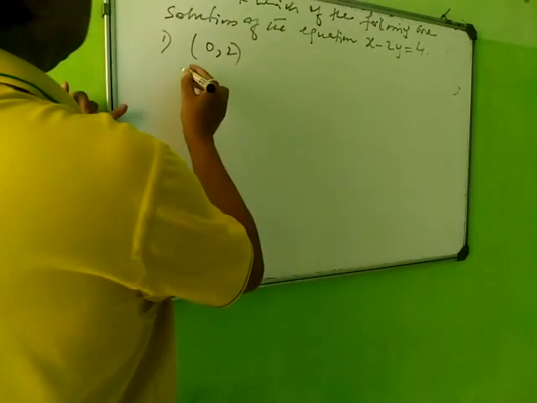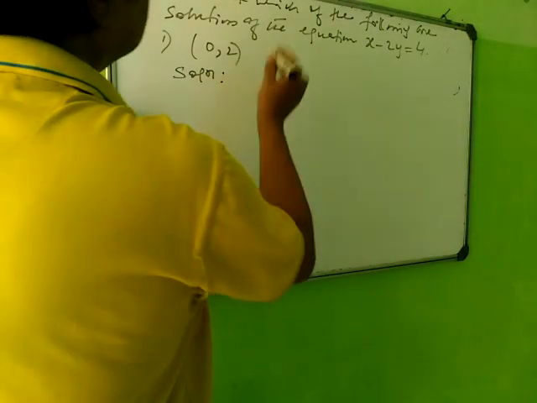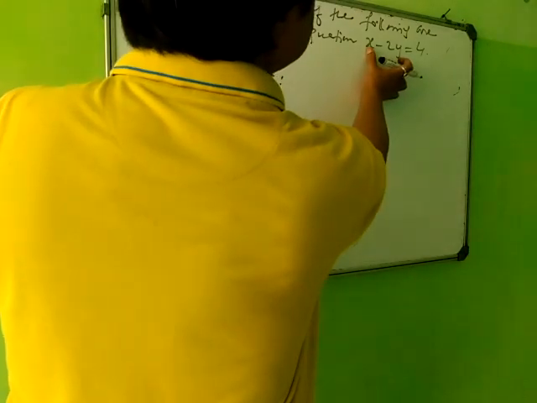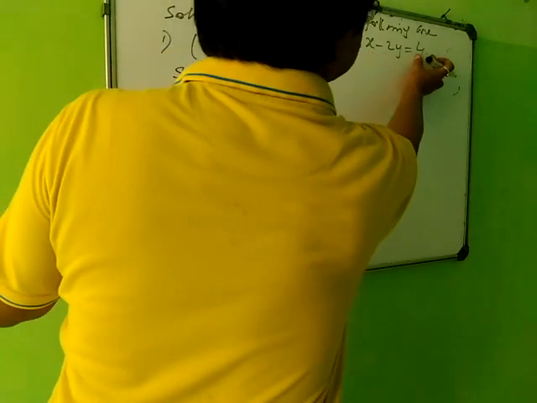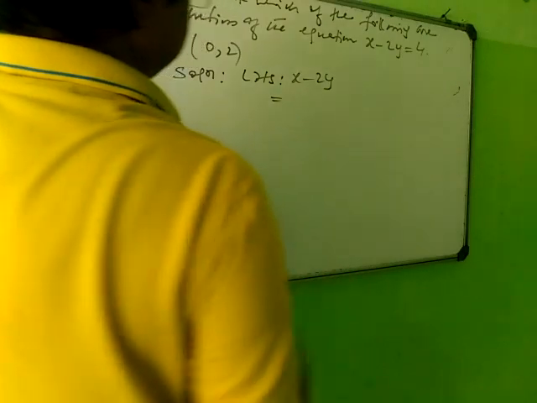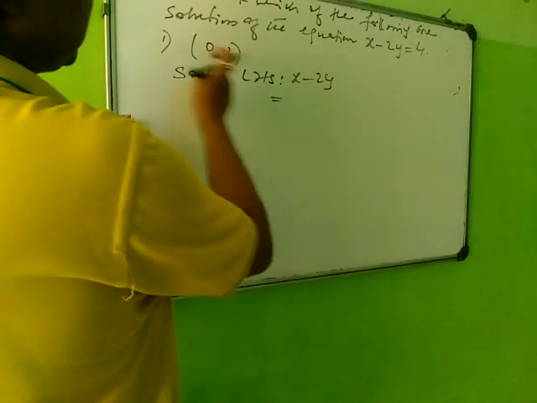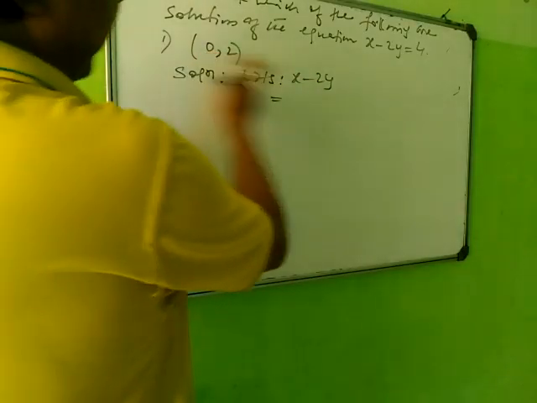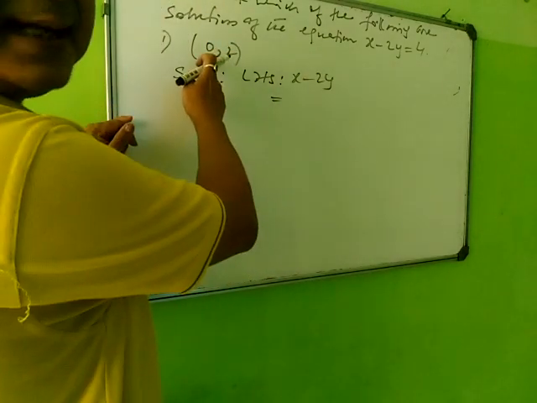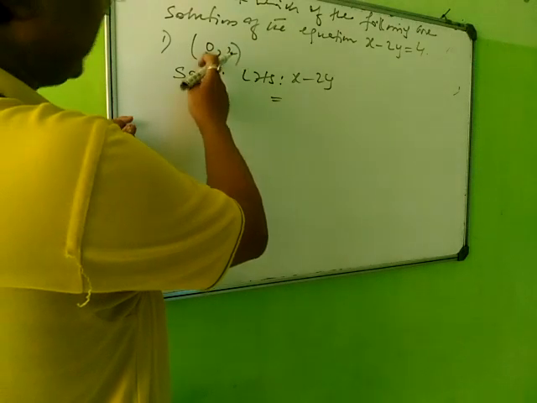Here you take the LHS, left hand side, right hand side. It is x minus twice y. In place of x you put 0 and in place of y you put 2, because it is x, y, not y, x.